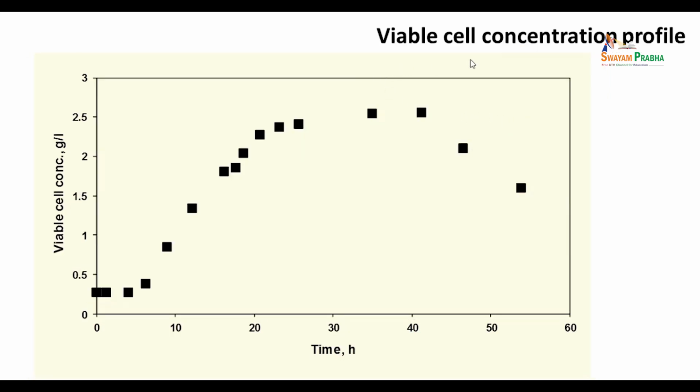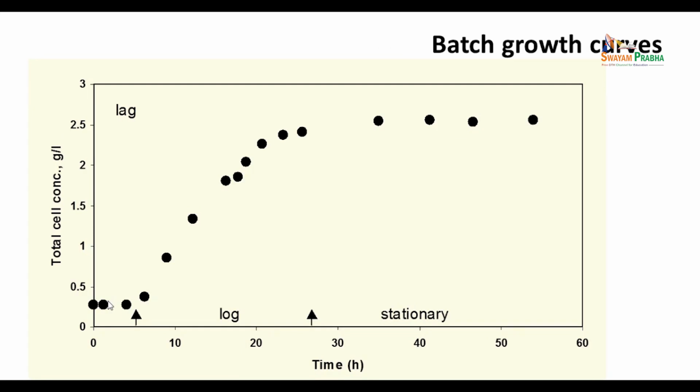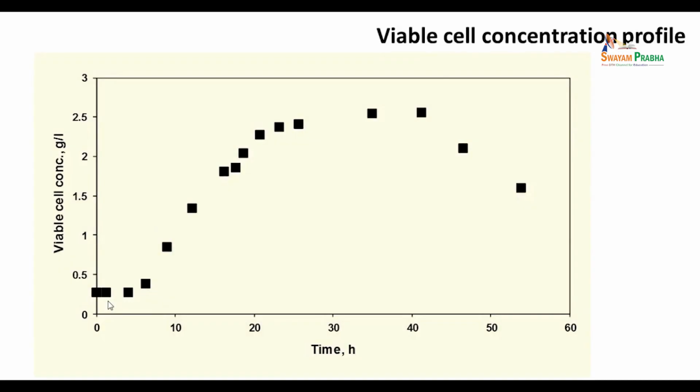In slight contrast, let us look at the viable cell concentration profile for the same organism. The viable cell concentration in gram per liter is given here, time in hours. This was total cell concentration. The scale is pretty much the same, 0 to 3. Here again 0 to 3. But this is viable cell concentration. This was most likely obtained by the plating method.